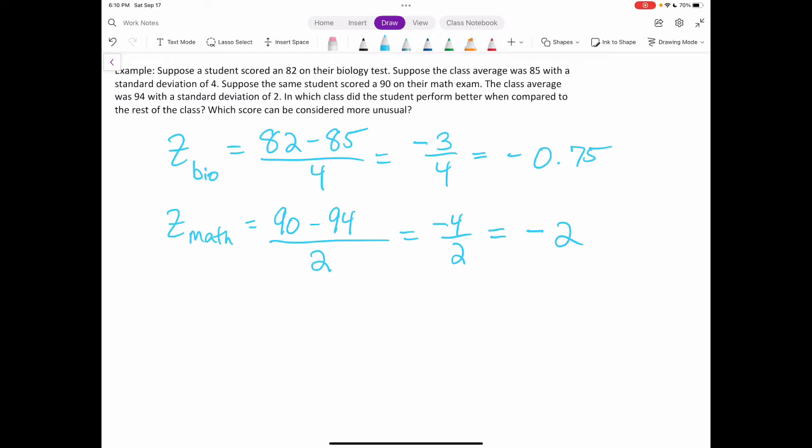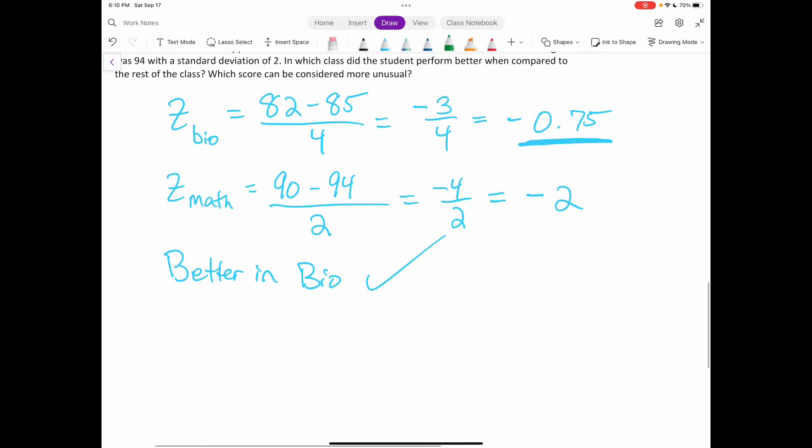So the more positive answer, the bigger z-score, is going to be your answer. And so keep in mind, these are negatives. So in negative land, the closer you are to 0, the better you are, or the greater you are, right? And so negative 0.75 is closer to 0. Therefore, the student did better in biology. Okay, so the student did better in biology.